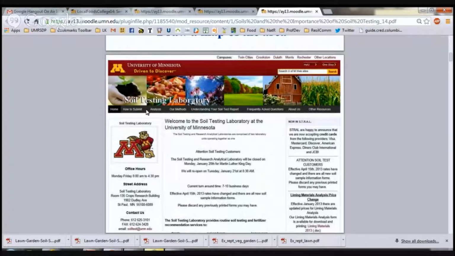You can't get lost on this site: how to submit, about the analysis process, understanding your soil test report. That's where most people have the most difficulty. There's a nice section on frequently asked questions, and another link about resources, so you'll find some additional information there as well.